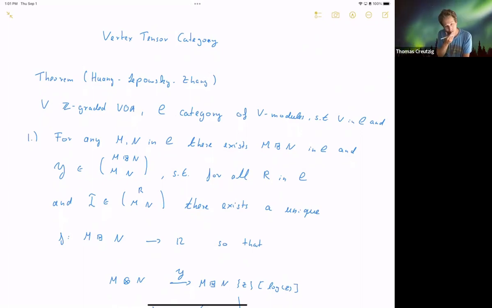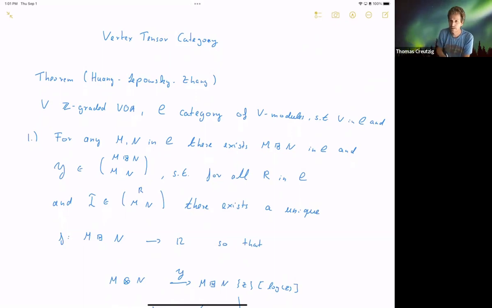I had Jinwei visiting me, Shashank, when was it? Maybe 5 years ago, 6 years ago. You were there at that time. And he explained more about what he did with EG. And we all were quite unhappy that we can only get a vertex tensor category structure if the VOA is really nice, meaning it's a C2 cofinite VOA.